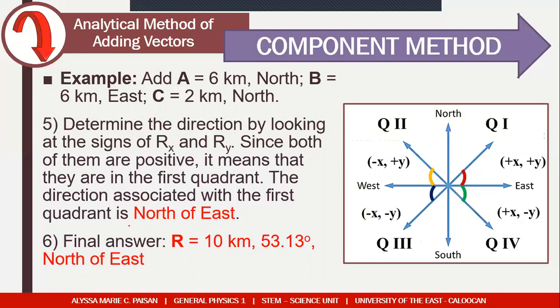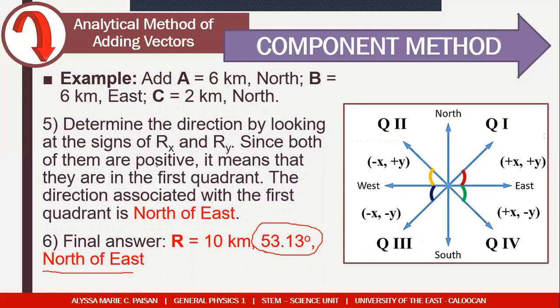So our direction rather, would be north of east. And since this angle is not equal to 45 degrees, you will not omit it, you will keep it, and then the direction would be north of east.